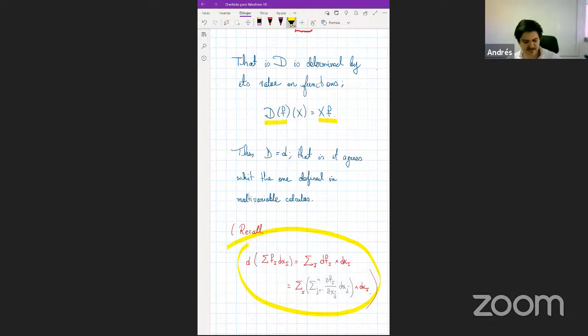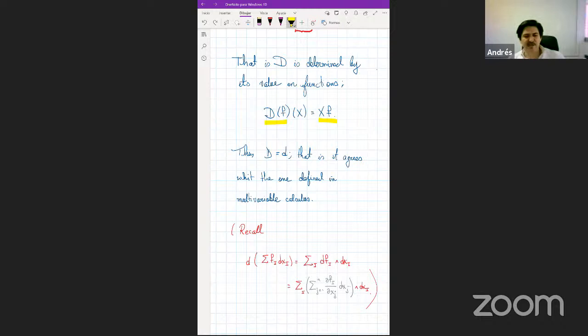So one way or another, we have defined the exterior derivative on Euclidean space. And you can also argue that we have defined the exterior derivative on a chart, on a manifold. But for that, still we need to think a little bit more. And that will come up next.